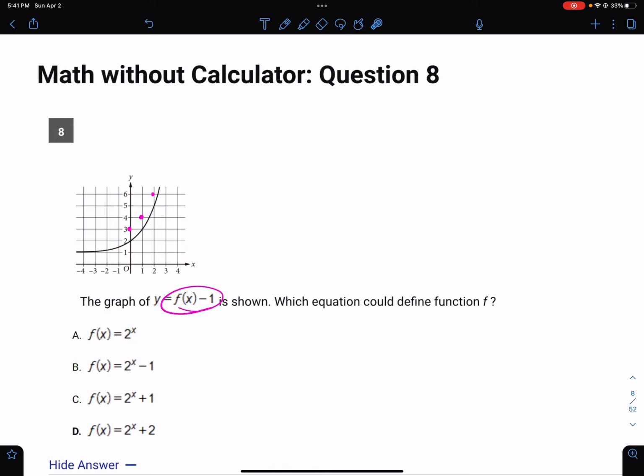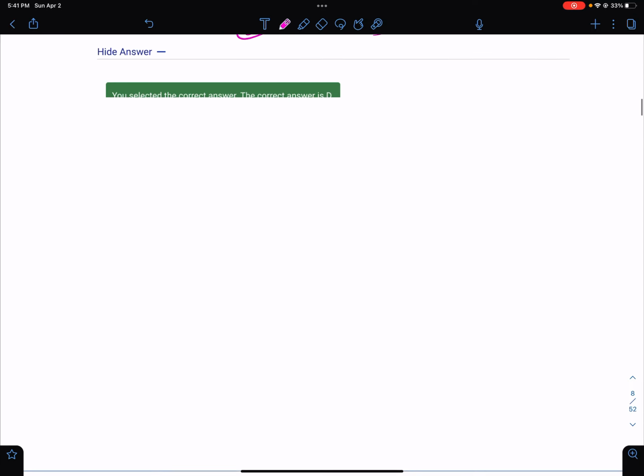Well, it's got to be C. Nope. If I plug in 0, 2 to the 0 is 1, 1 plus 1 is 2. No, that doesn't work. What about this one? 2 to the 0 plus 2? Yeah, that one does work. That does get you the coordinate 0, 3, reminding you that anything to the 0 is 1. All right? That's good there.